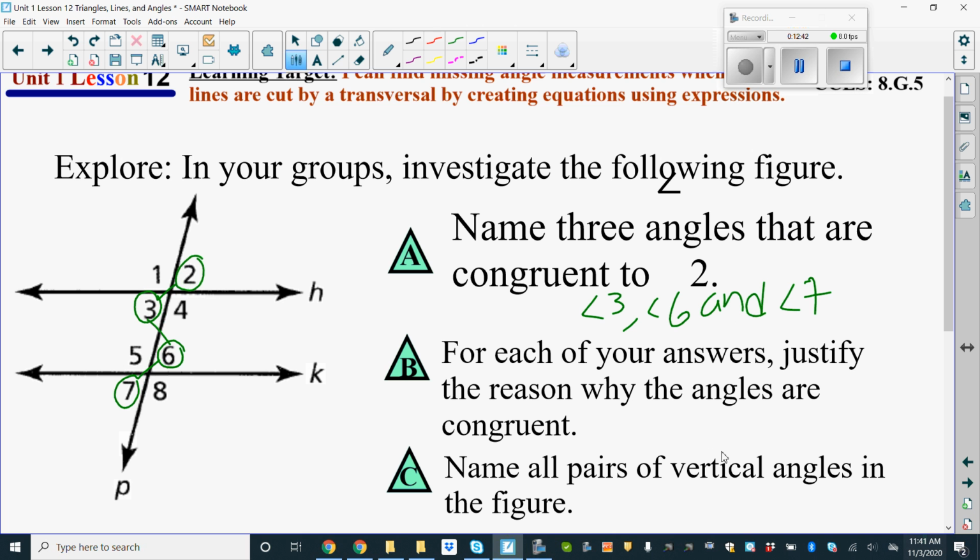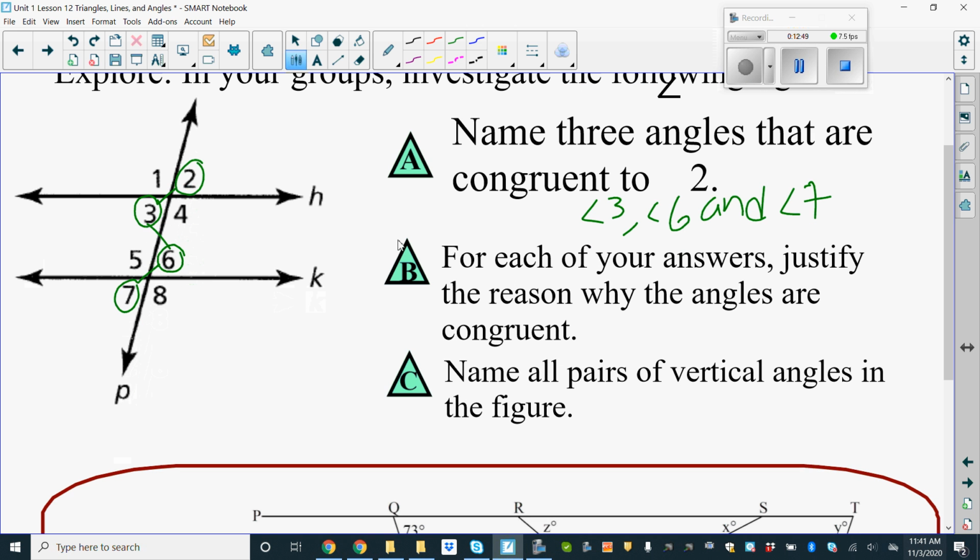For each of your answers, justify the reason the angles are congruent. So now we need to state why they are congruent, which means what is their relationship with each other.